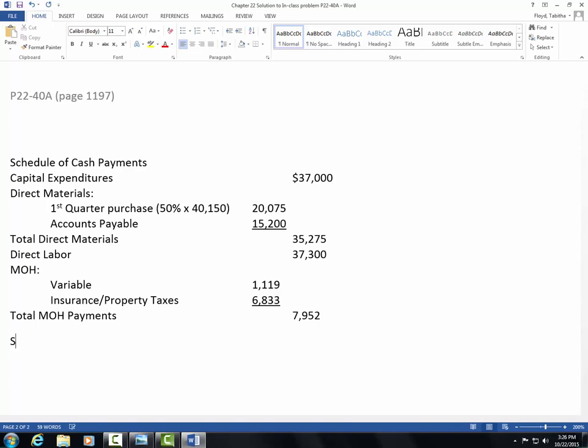Manufacturing overhead. Now we need to list our selling and administrative expenses.